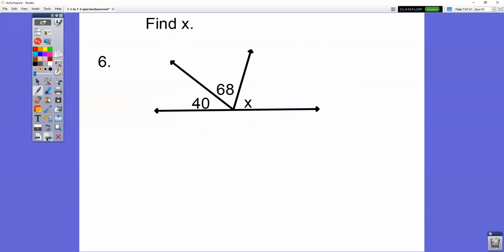Go ahead and do question number 6, please. Identify what type of angles they are and find x.